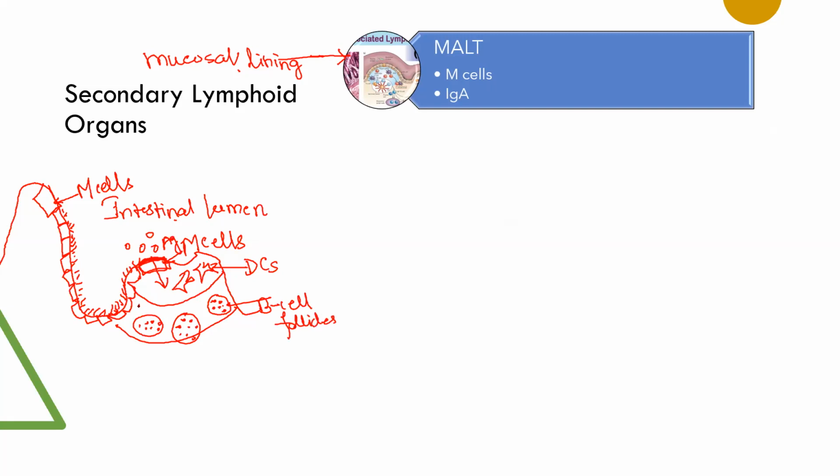And around the follicles, we have another group of lymphocytes. What are those? Yes, our T cells. And since this is a tissue, this will obviously be fed by your lymphatic system.